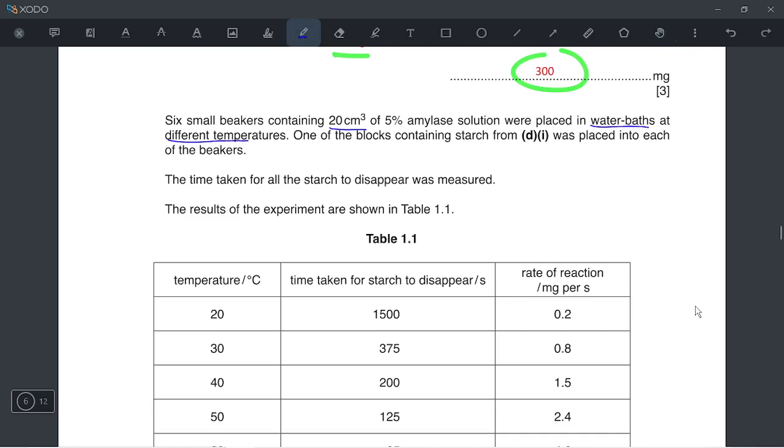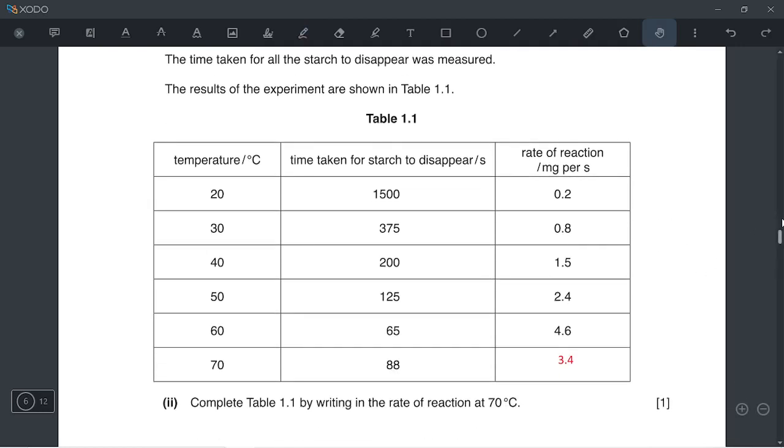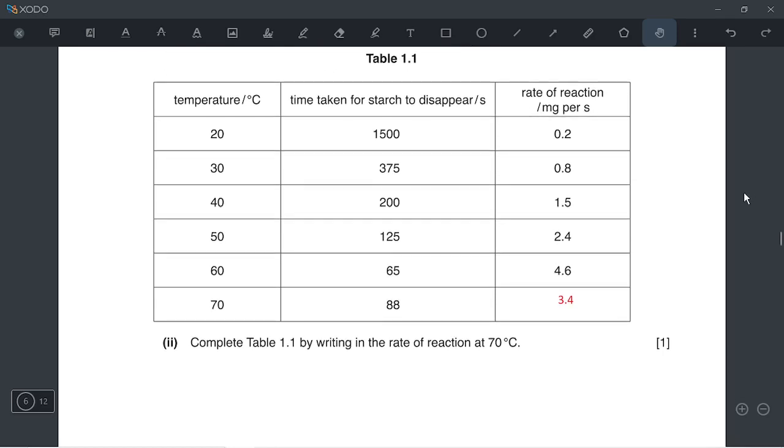One of the blocks containing starch from D1 was placed into each of the beakers. Now, the time taken for all starch to disappear was measured. You can see at temperature 20, time taken for starch to disappear, it is 1500 max.